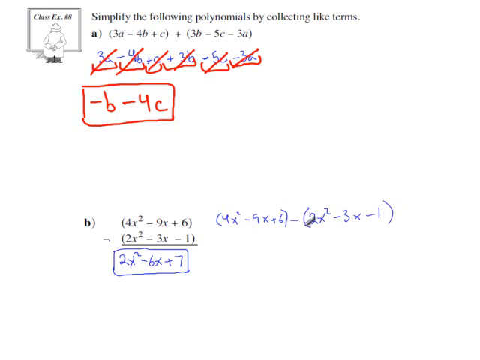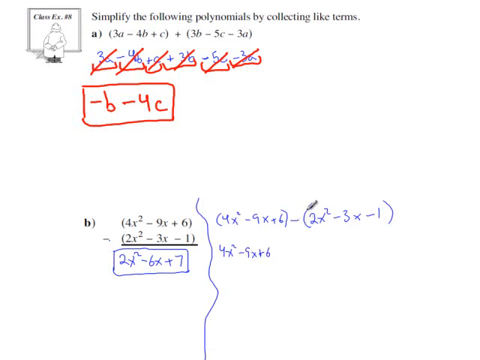So if you have a negative sign or minus sign in front of a whole bracket full of stuff, one thing that you can do is change the signs of everything inside the brackets and then just take away the brackets and add. So if we did it that way, this should be 4x squared minus 9x plus 6.